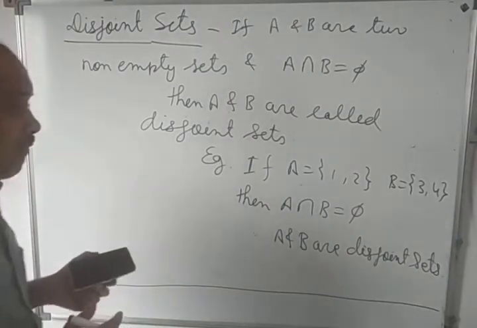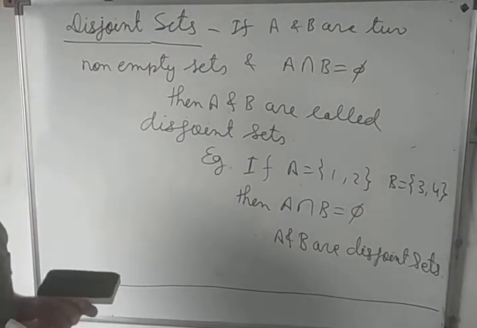Now we are talking about the Venn diagrams for union, intersection and disjoint.